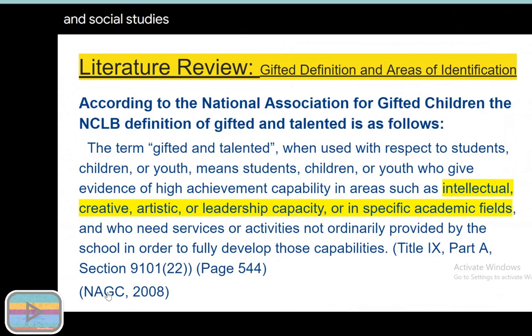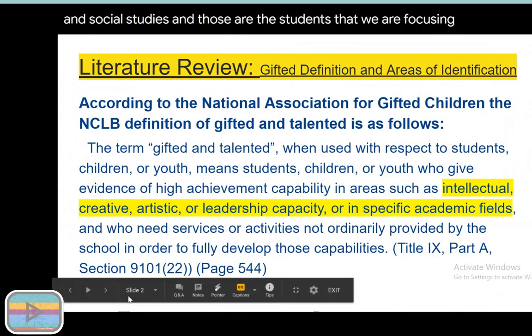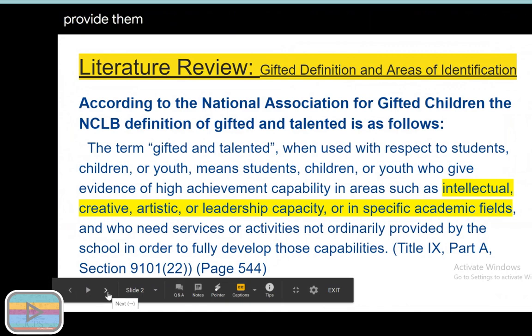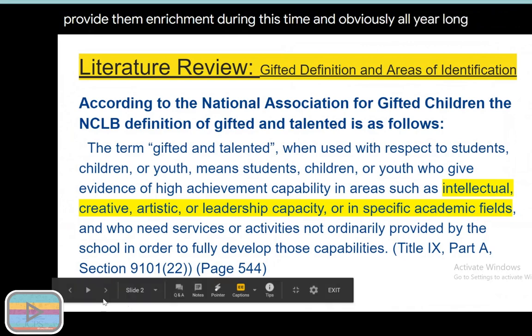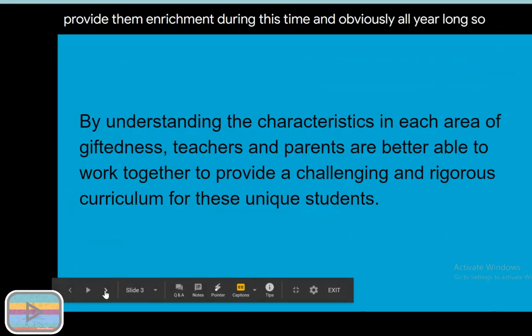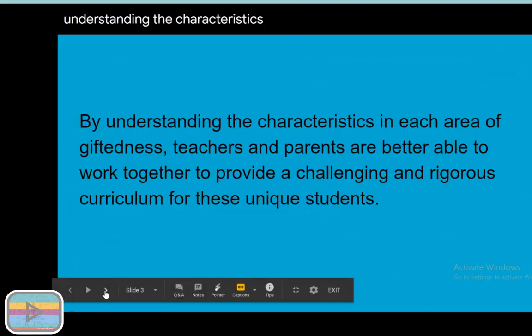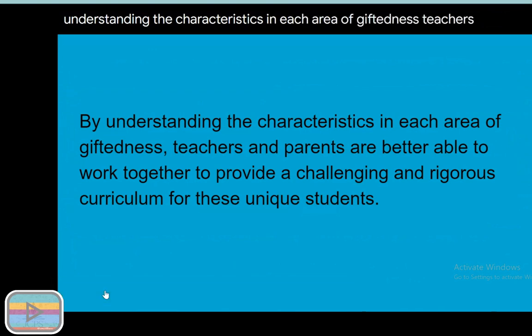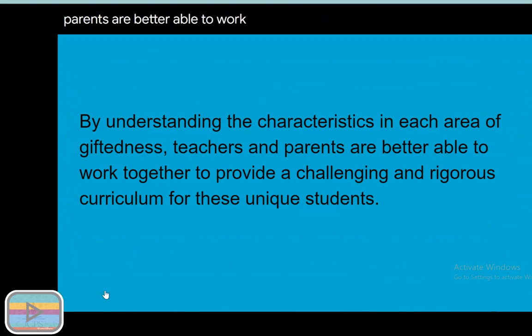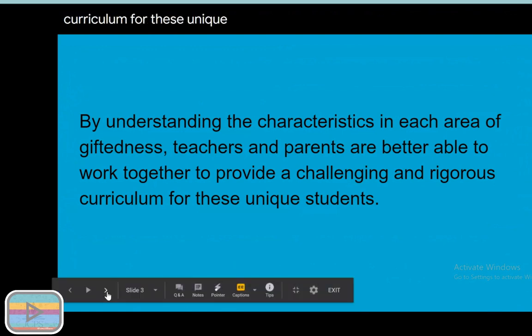Those are the students we are focusing on, trying to provide them enrichment during this time and all year long. By understanding the characteristics in each area of giftedness, teachers and parents are better able to work together to provide a challenging and rigorous curriculum for these unique students.